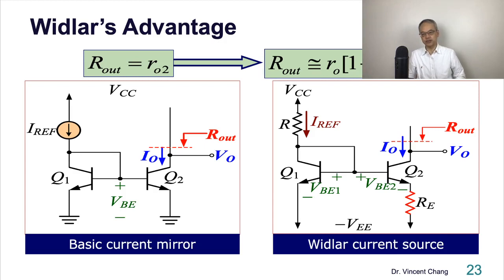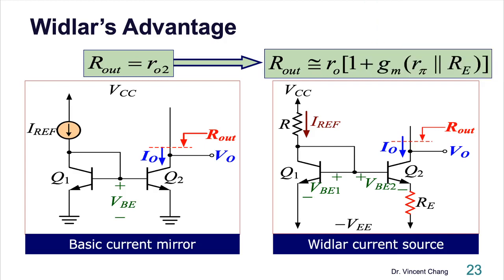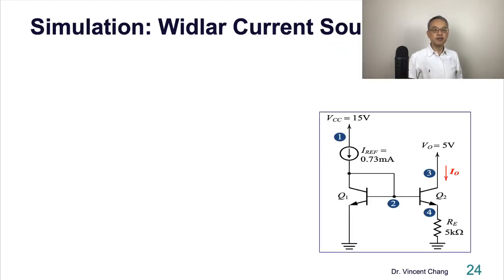This is what I just told you. On the left hand side is the basic current mirror. On the right hand side is RO being multiplied by a factor, usually much greater than 1. I encourage you to take a screenshot of this, to remember the contrast between the Widlar and the basic current mirror. So it's a high performance current mirror.